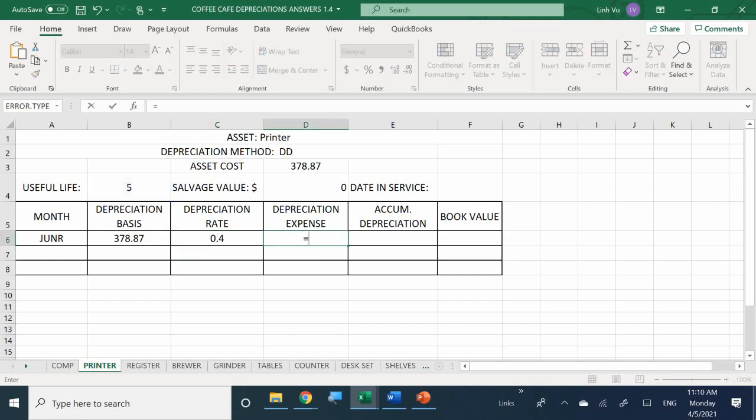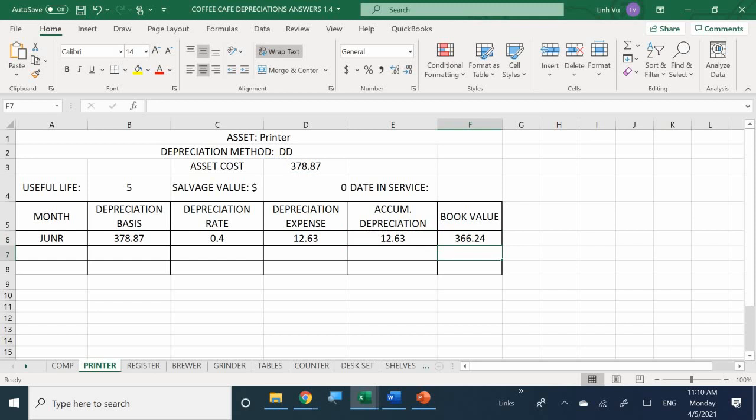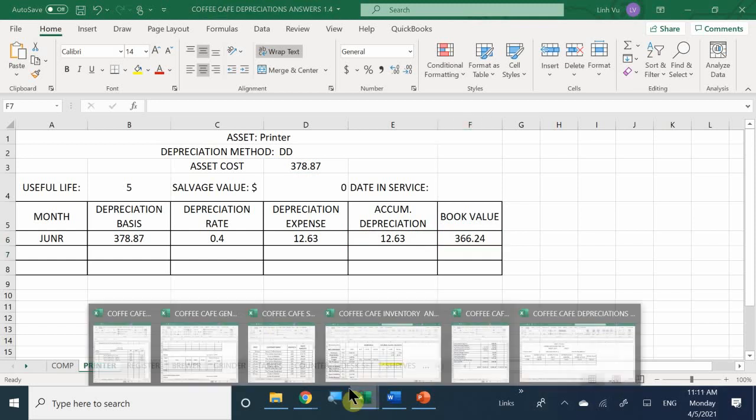So what is going to be your depreciation expense for the month of June? $12.63. 1263. Okay. Good. So I'm going to journalize this real quick.